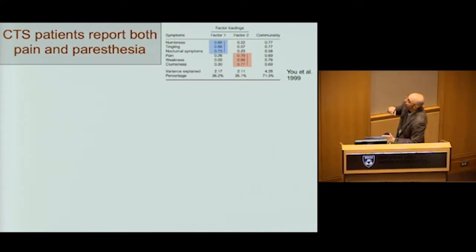There are people that have done this for symptom reports in CTS patients and have found independent factors. These factors load onto different sensations. There's a factor associated with more predominance of pain in these patients, and a factor associated with more predominance of paresthesias, the numbness and tingling sensations that the patients also feel.